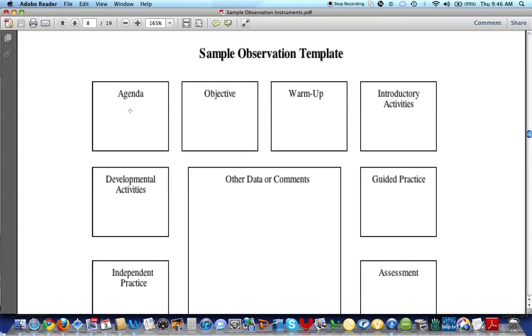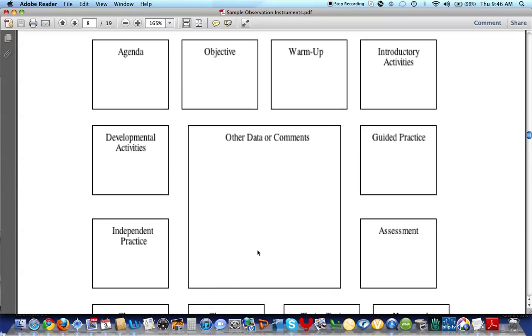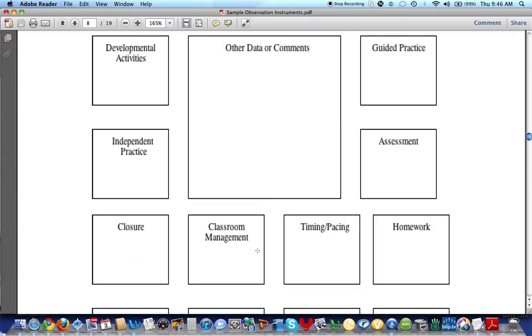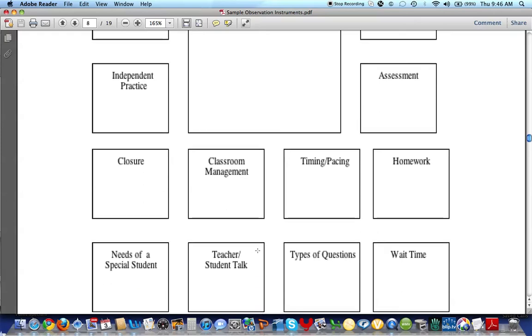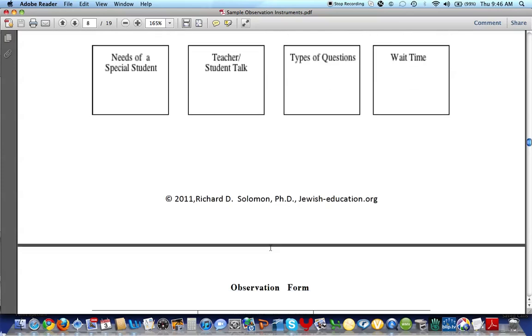Like you might want to see if he or she has an agenda on the board, has an objective on the board, has a warm-up or anticipatory set, has introductory activities, guided practice, etc. Or you can create one where you and your mentee, which is your pre-service or in-service teacher, together create an observation form, and these will be the things that you'll be looking at. So that's another form that you could utilize, or one that you could create yourself.